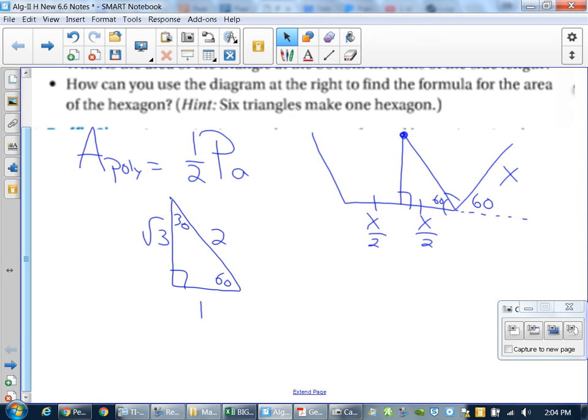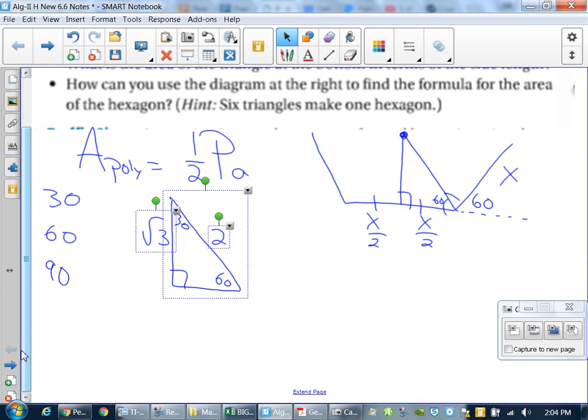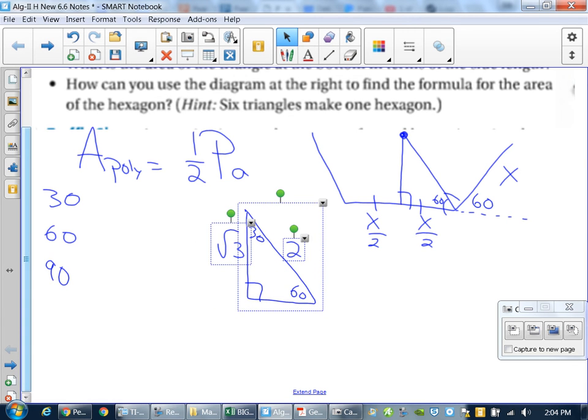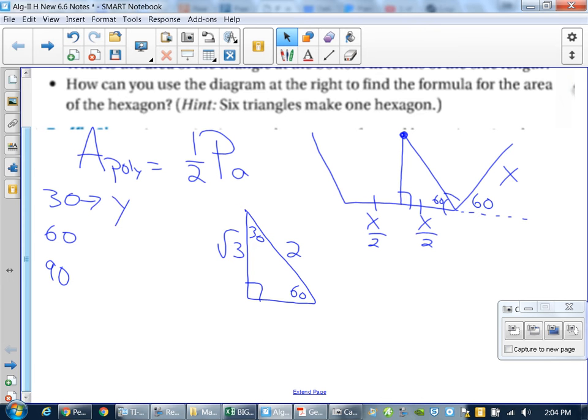Since I drew my diagram in terms of x's, I'll write it out this way: across from the 30 is some value y, across from the 60 is y root 3, and across from the 90 is 2y.